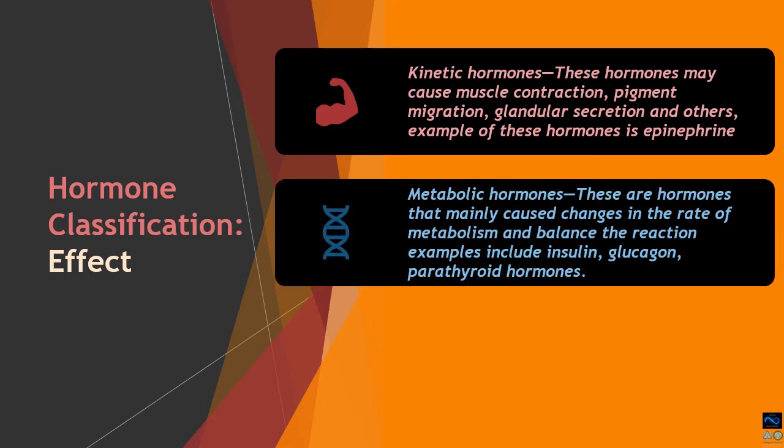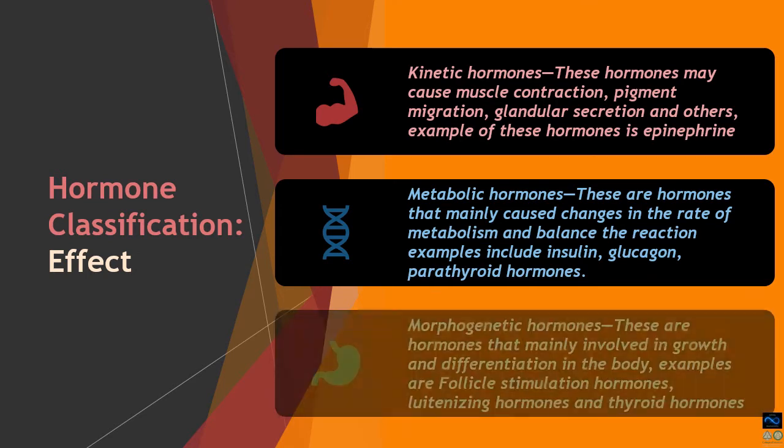Second category of the hormones is the ones which are doing the metabolic functions. They regulate and enable the metabolism. These are the hormones which cause a change in the metabolism rate and its balance. For example, the insulin, glucagon, parathyroid hormones, these are all metabolic hormones.